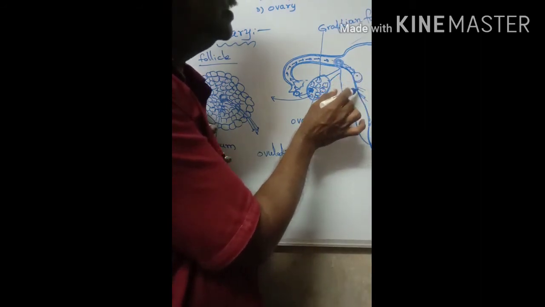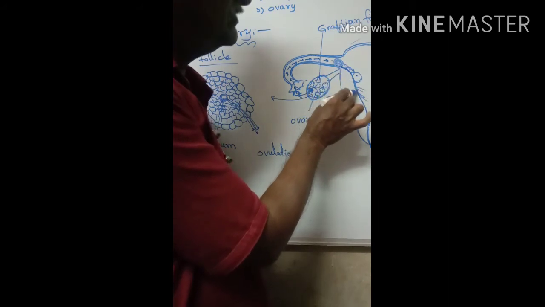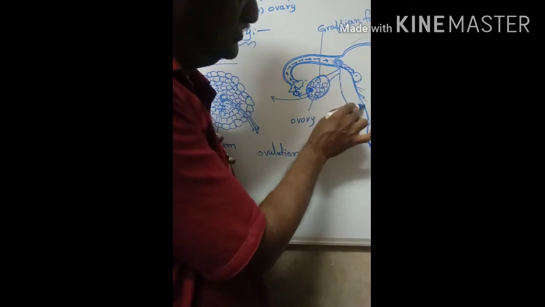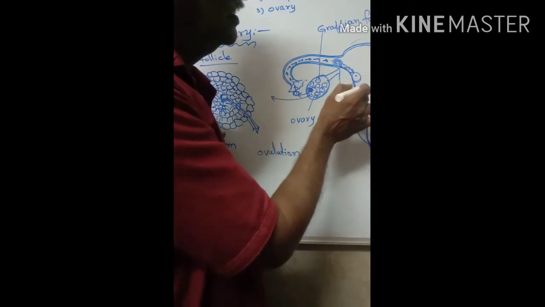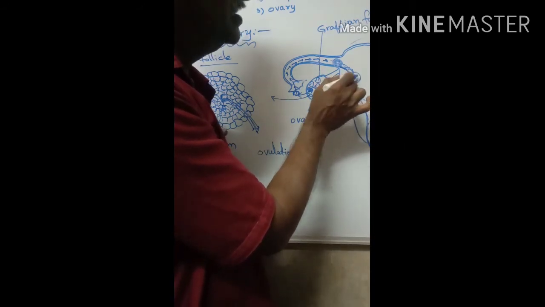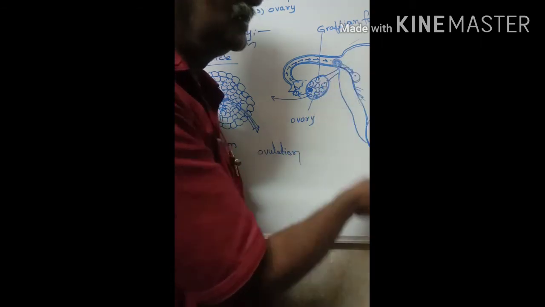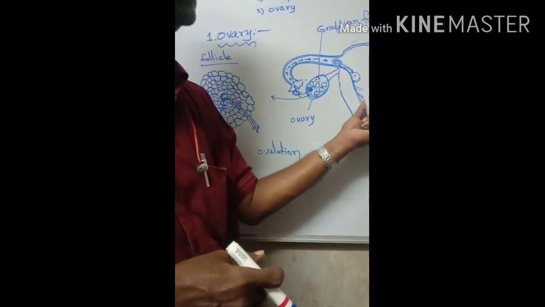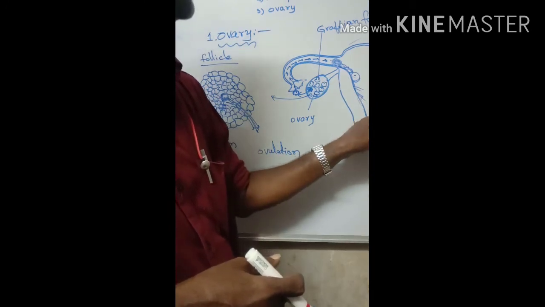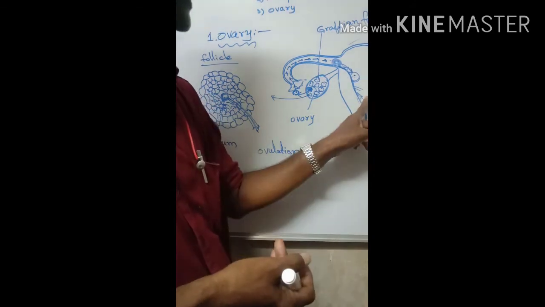At that moment, when fertilization does not happen, this membrane of the uterus is separated and released, so along with this, the ovum is also discharged to outside of the body. It may happen for 2 days or 3 days. It happens again.